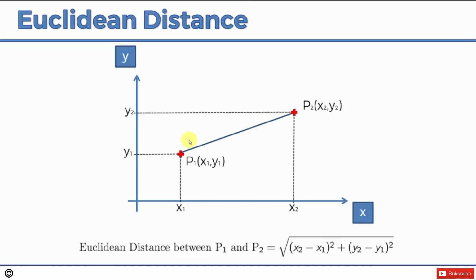If you have two points, P1 with coordinates x1 and y1, and P2 with coordinates x2 and y2, then the Euclidean distance, or the length of this line, is calculated as the square root of (x2 minus x1) squared plus (y2 minus y1) squared. Basically, you've got a right-angle triangle here, with one cathetus here and another cathetus here, I hope I'm pronouncing it right, and then this is the hypotenuse. That is how you calculate the distance between the two points. It's basic geometry from high school, and there you go.